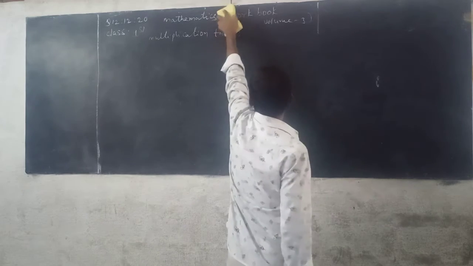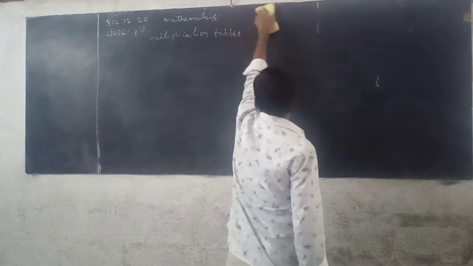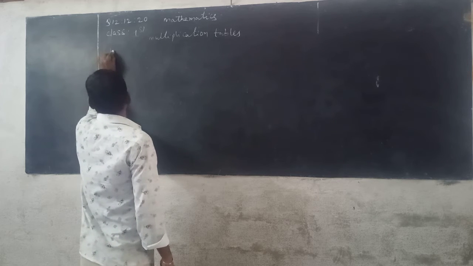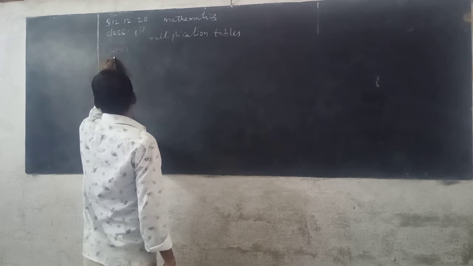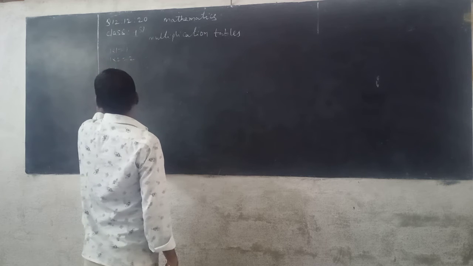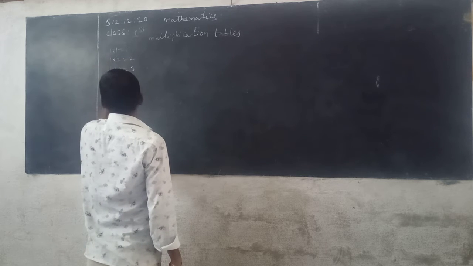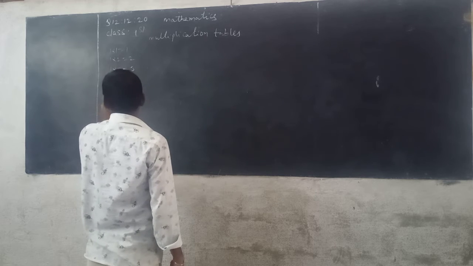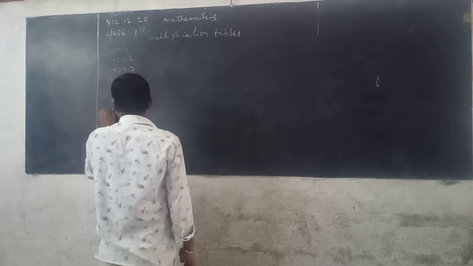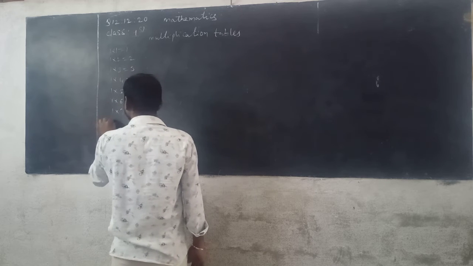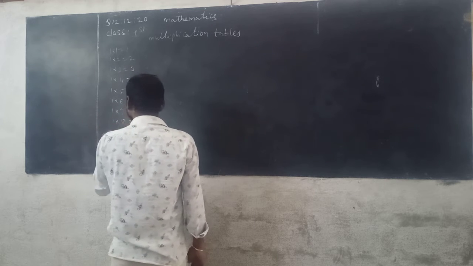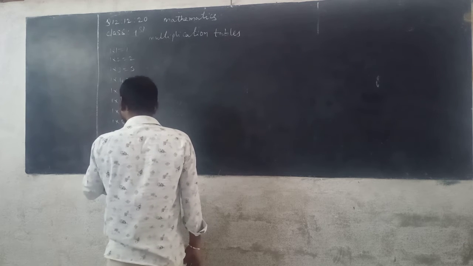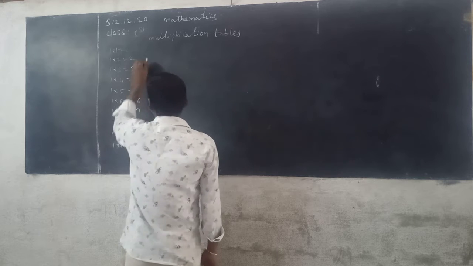So everybody write down in your rough book. One one is one, one two is two, one three is three, one four is four, one five is five, one six is six, one seven is seven, one eight is eight, one nine is nine, one ten is 10. Now second table.